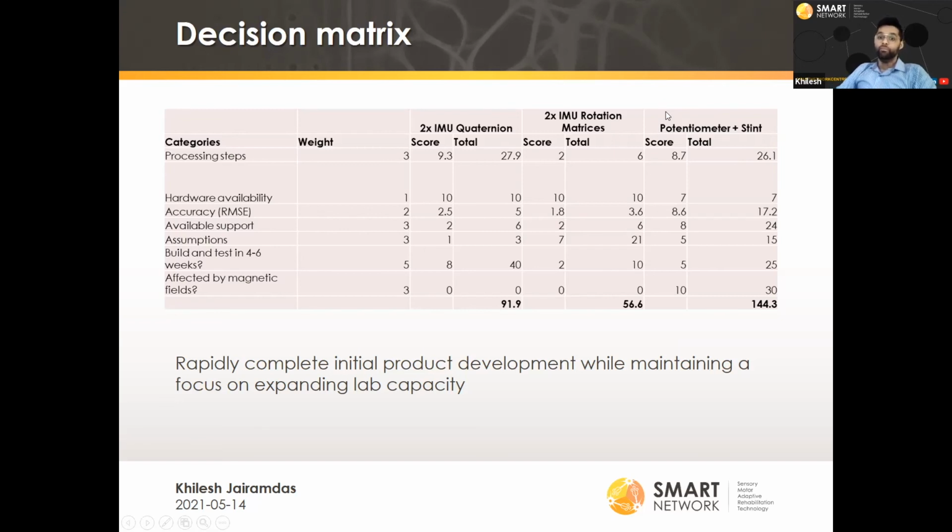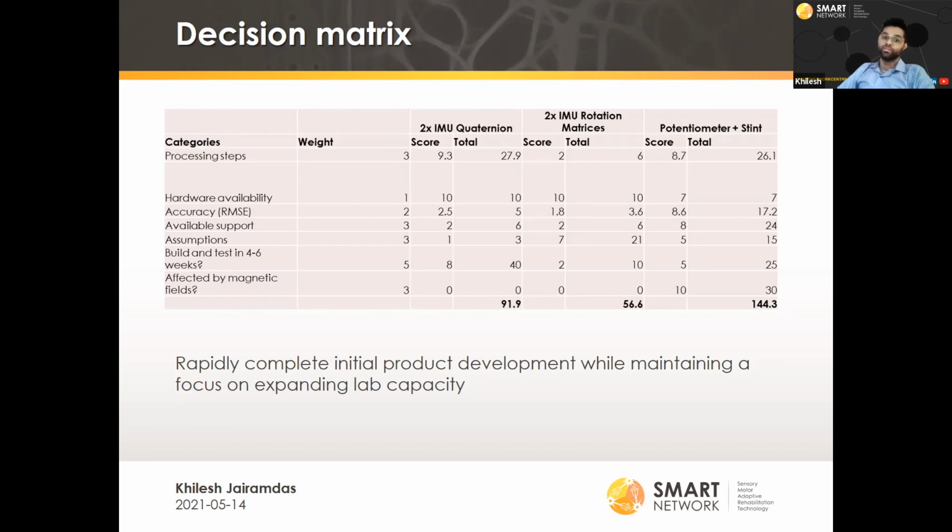But with my remaining time, I can refocus on what are some algorithms we can use to leverage this really elegant IMU technology. So I'll be going back to the drawing board, maybe trying to figure out if I can use first principles to get the outputs from that IMU to get a joint angle as well.